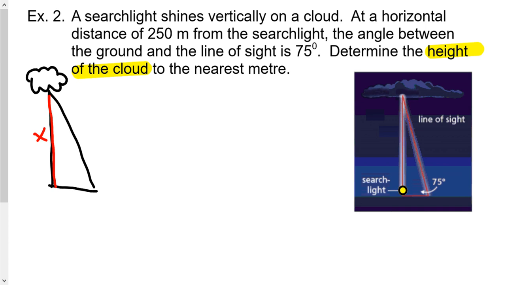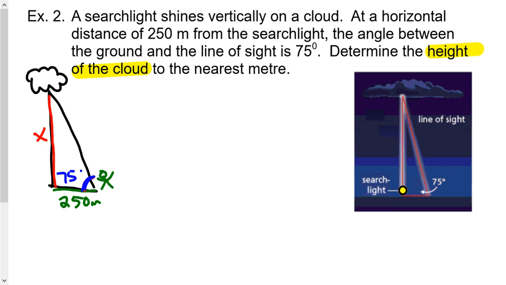It tells us at a horizontal distance 250 meters from the searchlight. So we are standing right here. Here's us. 250 meters away. So this length here along the ground is 250 meters. And the angle between the ground and the line of sight, this is often called the angle of elevation. This angle here is 75 degrees. Right, so you're looking up at a 75-degree angle to look at this cloud, to look at where the searchlight hits.